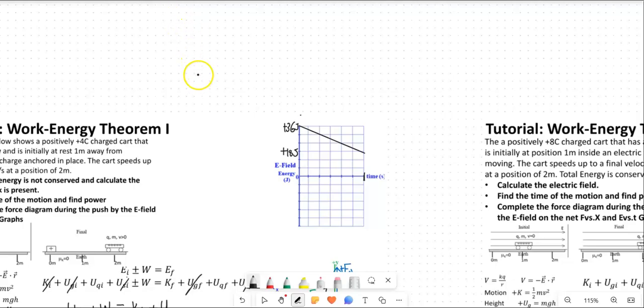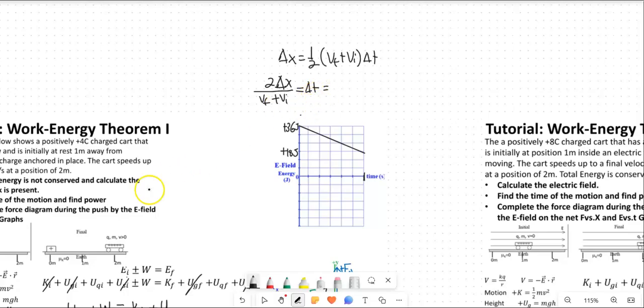Well, we have to think back to our motion equations. The only one I could think of using right now is delta x equals 1/2 (v final plus v initial) times delta t. And then doing the algebra through the magic of algebra, we get delta t equals this.